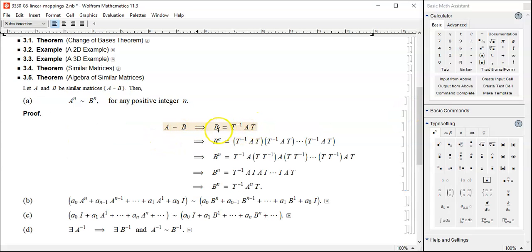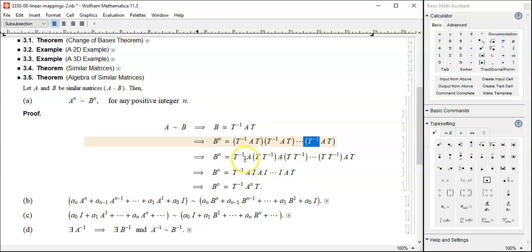A and B are similar means B is T inverse AT, and if I simply take the nth iteration, then it's a matrix multiplication where we have a T times T inverse canceling each other into I, and a T times T inverse over and over again, and then all these disappear.